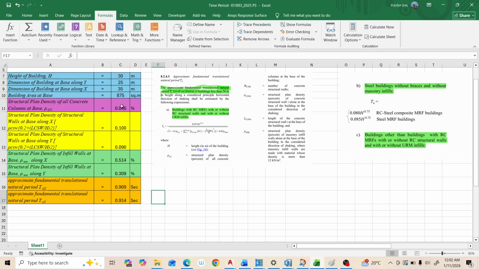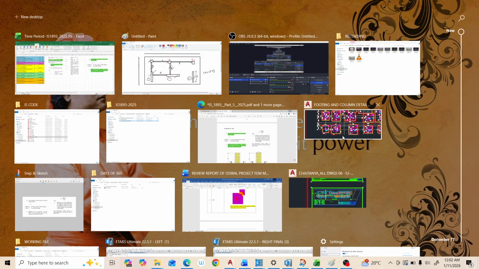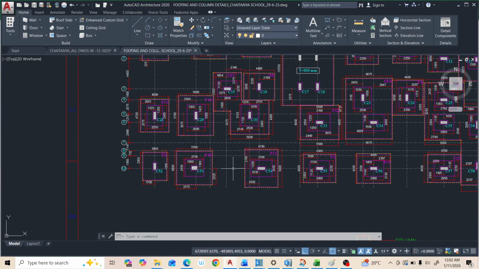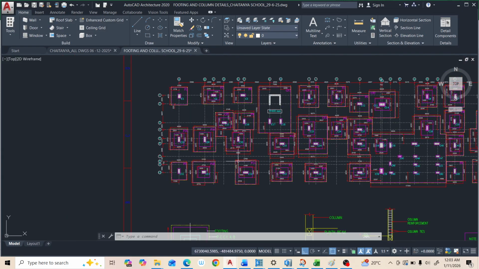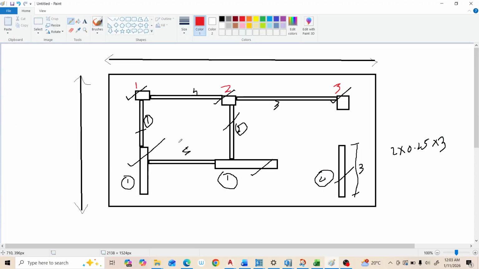Then again for structural wall, suppose in the considered plan, I also have one drawing. In this plan structural wall is not there, so I'll show it here only. Suppose I have a structural wall along x direction and along y direction. I have only one wall in x direction.